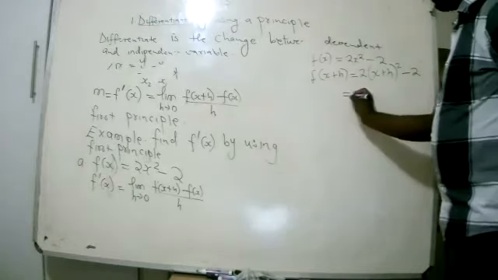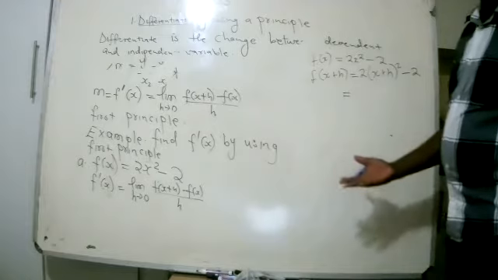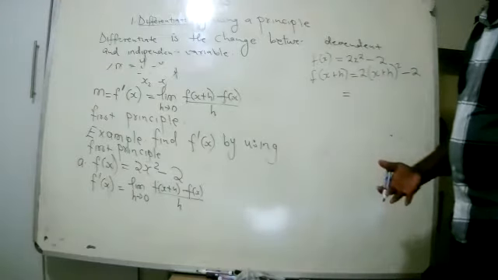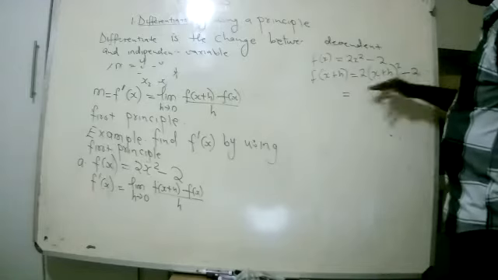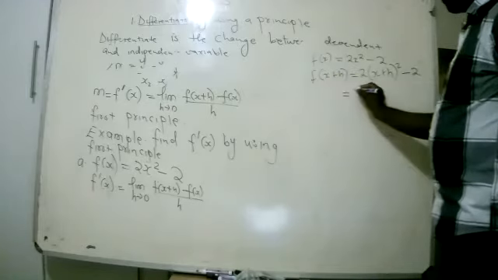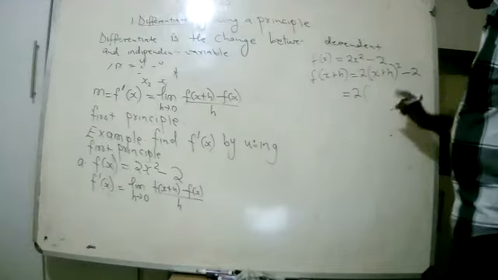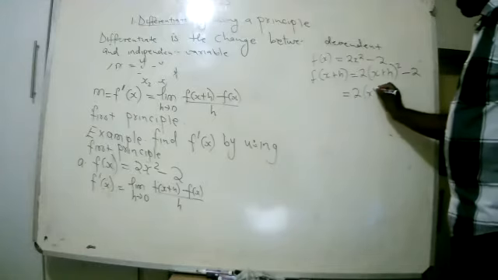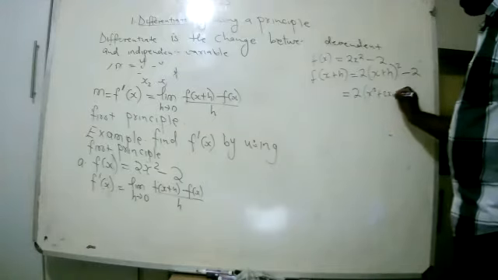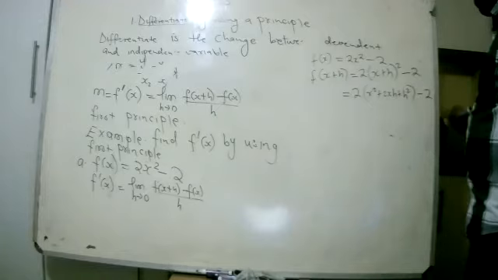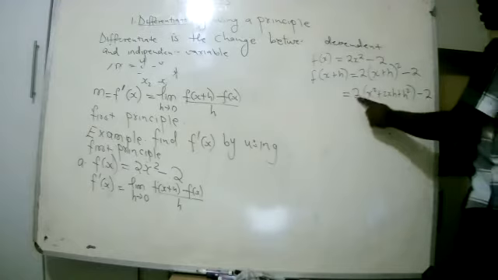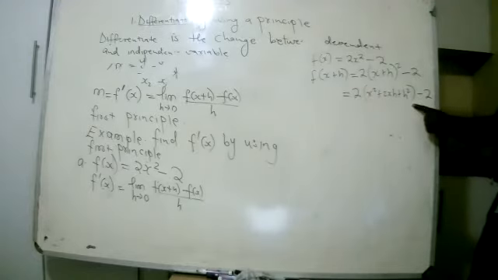So now, before the substitution, you can decide to simplify further so that you don't simplify on the formula. So let's simplify this f of x plus h. The simplification of f of x plus h is going to give us x squared plus 2xh plus h squared, minus 2. And then this 2 we have here is multiplying everything inside the bracket, but it's not multiplying the minus 2.